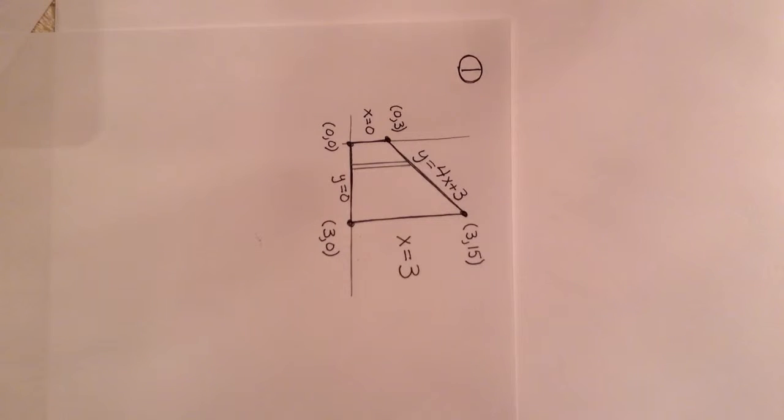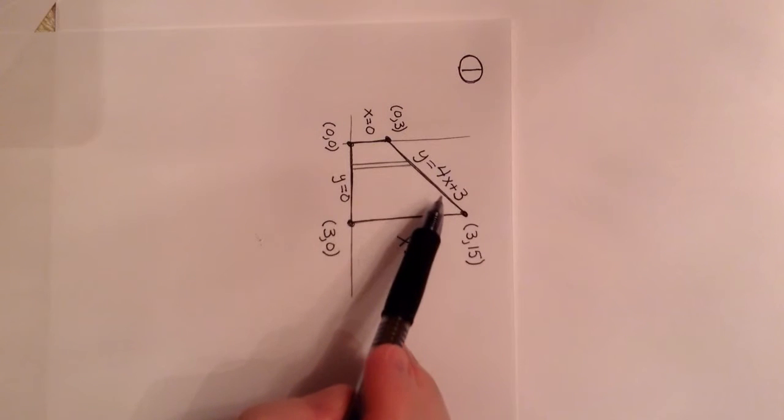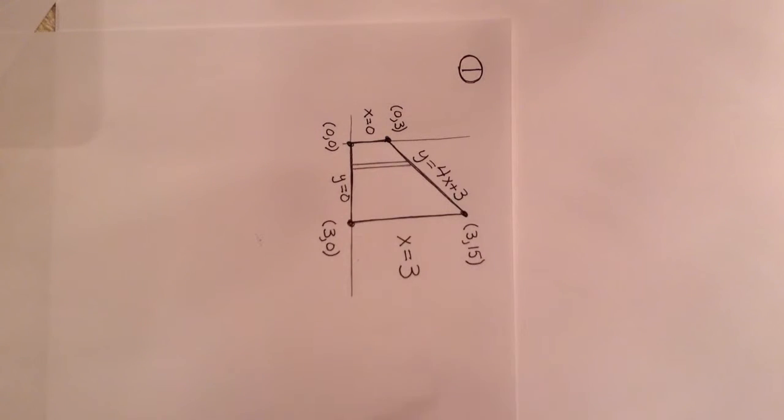So we can determine the area from the perspective of integrating with respect to x. From a vertical slicing perspective, y equals 4x plus 3 is above y is equal to 0.